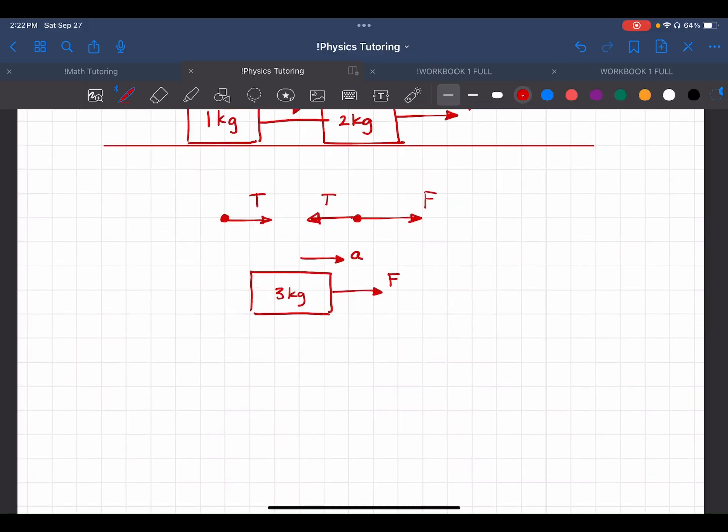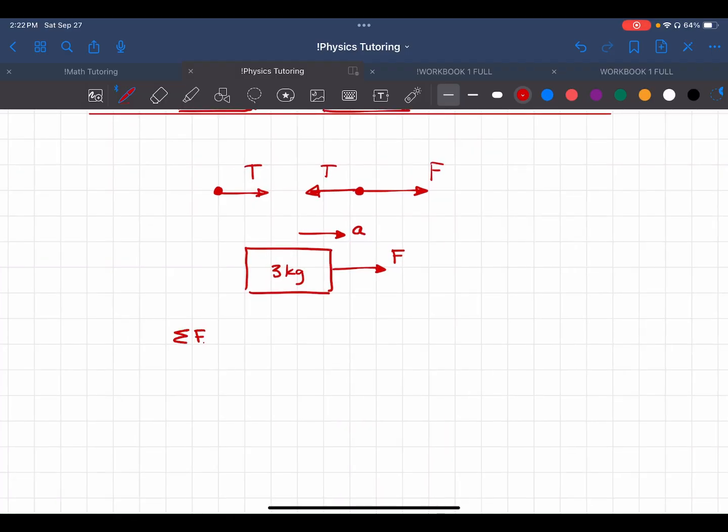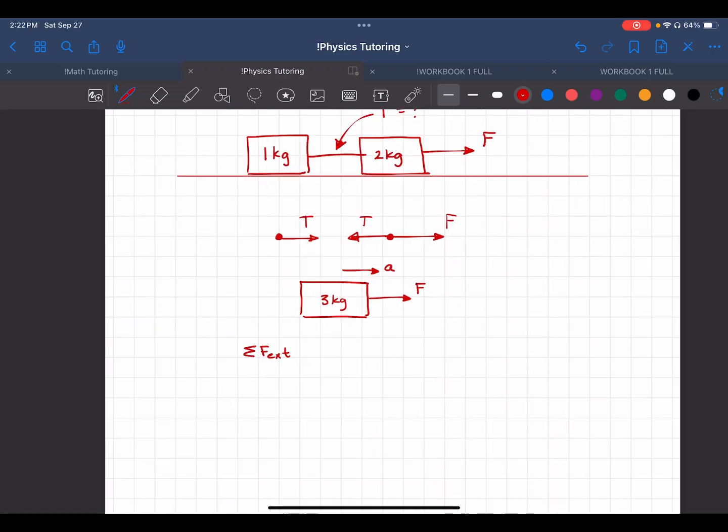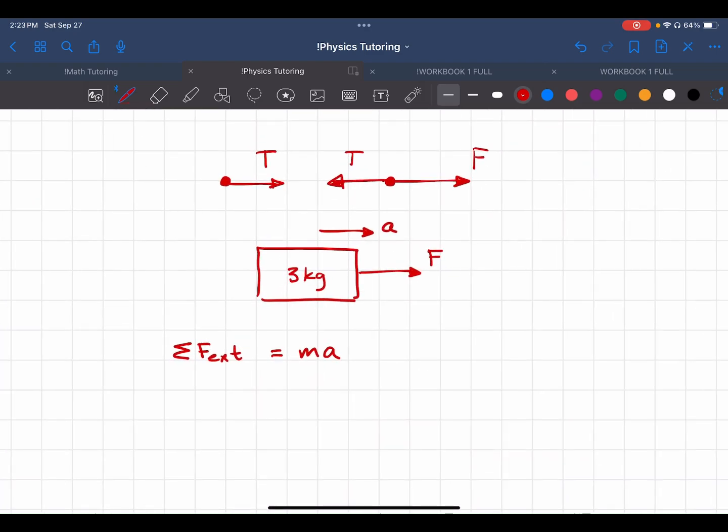So like I said before, the external force, meaning the only external force here, equals MA.